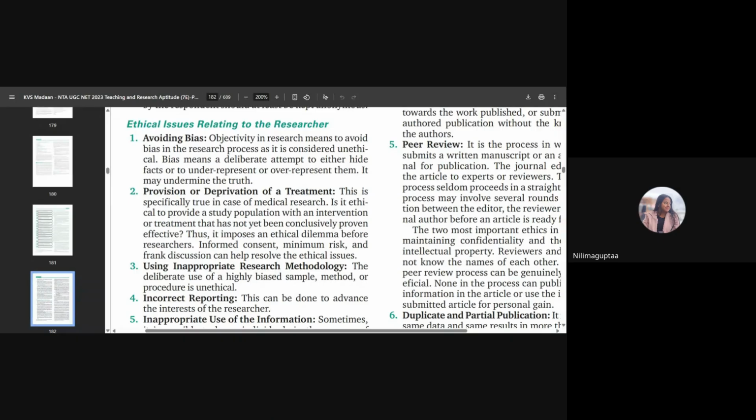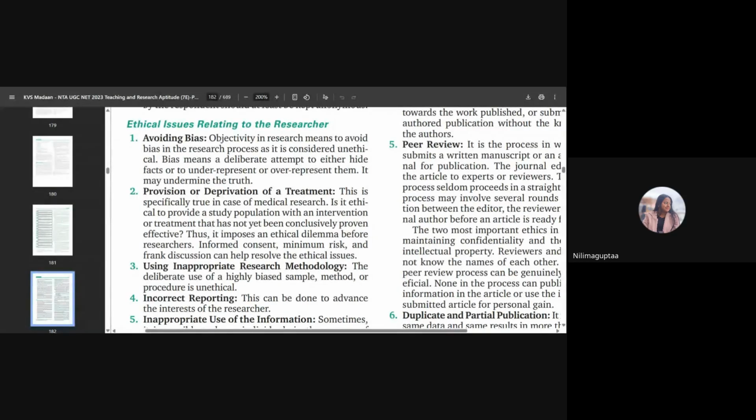We all have personal opinions, but that should not be a part of our research, and we should not underrepresent or overrepresent any of them just to get a desired answer that we want. Then we have provision or deprivation of a treatment.